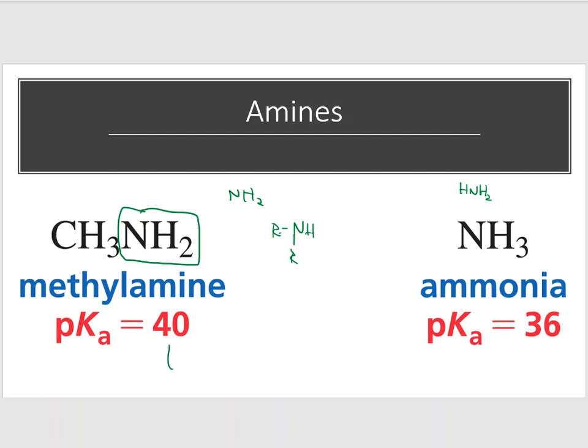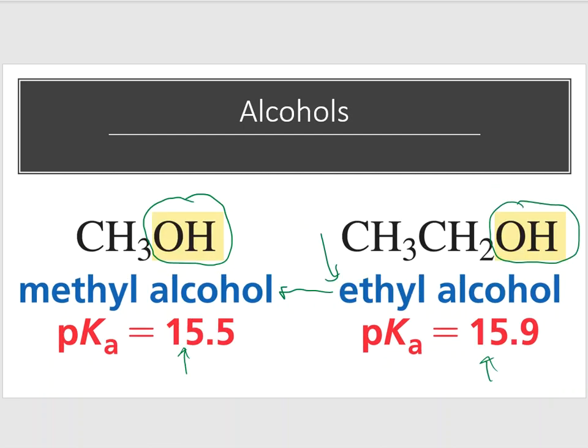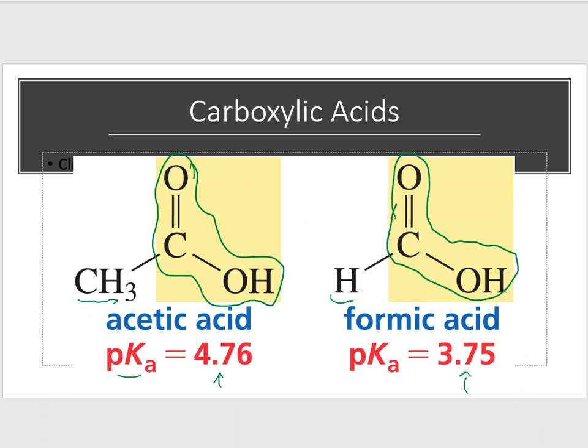So pKa here is 40, and pKa here is 36. Again, the amines are very close together, but if you compare that to the other classifications that we've looked at so far, these pKa's are way higher than the pKa's for alcohols, which are way higher than the pKa's for carboxylic acids.